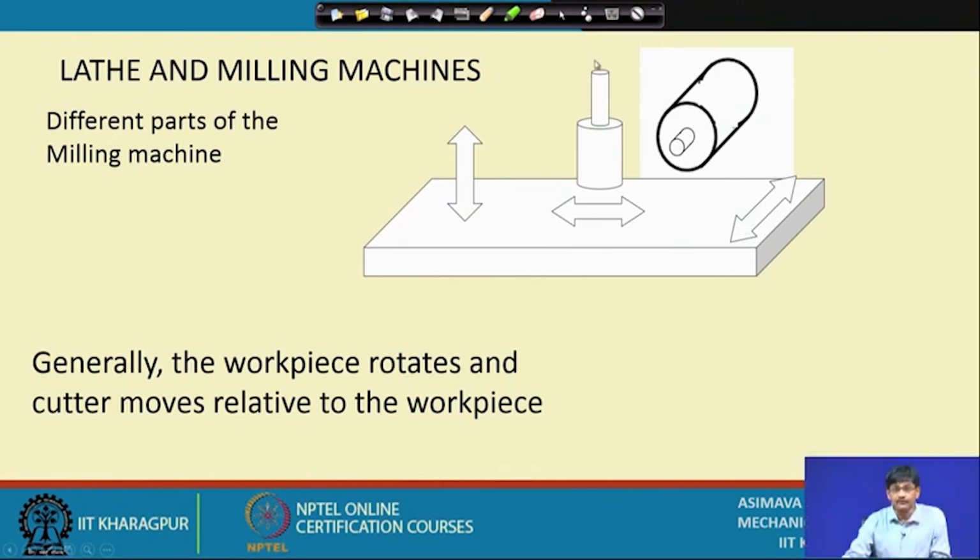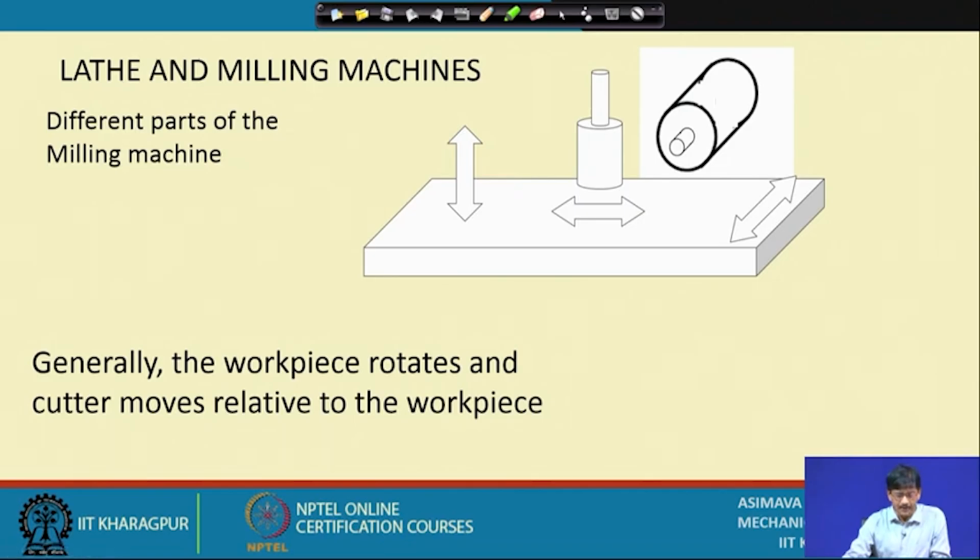This is the typical configuration of a tool whose axis of rotation is vertical, and in that case the machine gets the name vertical milling machine. In this case the axis of the tool is horizontal, and if this sort of a tool is used, the machine gets the name horizontal milling machine.